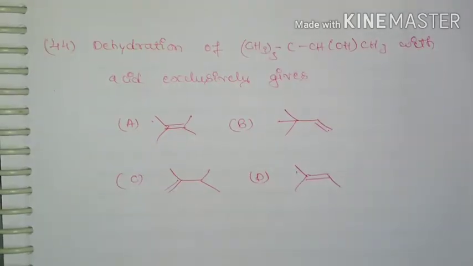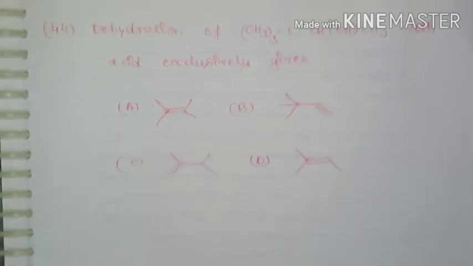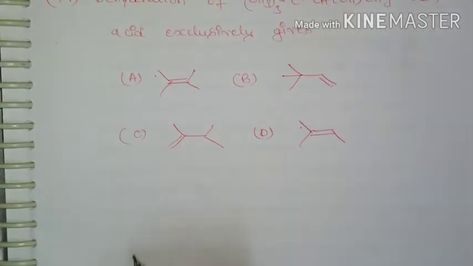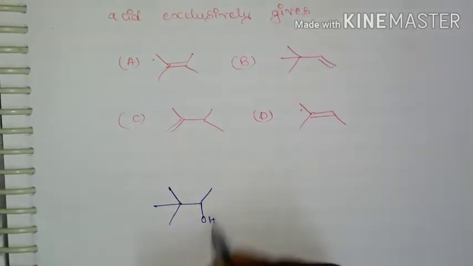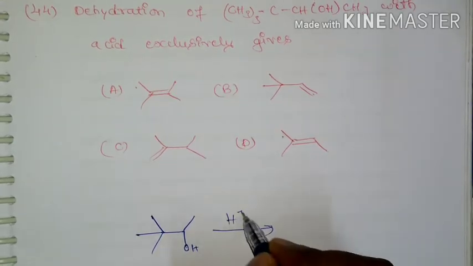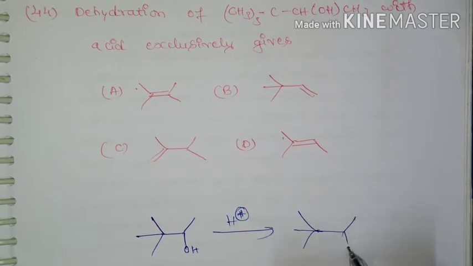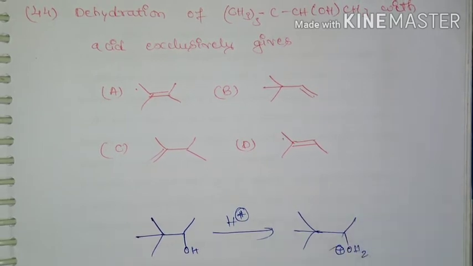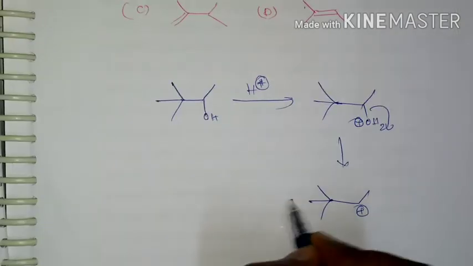And next question, dehydration of this compound with acid exclusively gives, and it is a Wagner-Meerwein rearrangement. So this is the structure of the compound. If it is treated with acid, what happens? There will be formation of a carbocation.